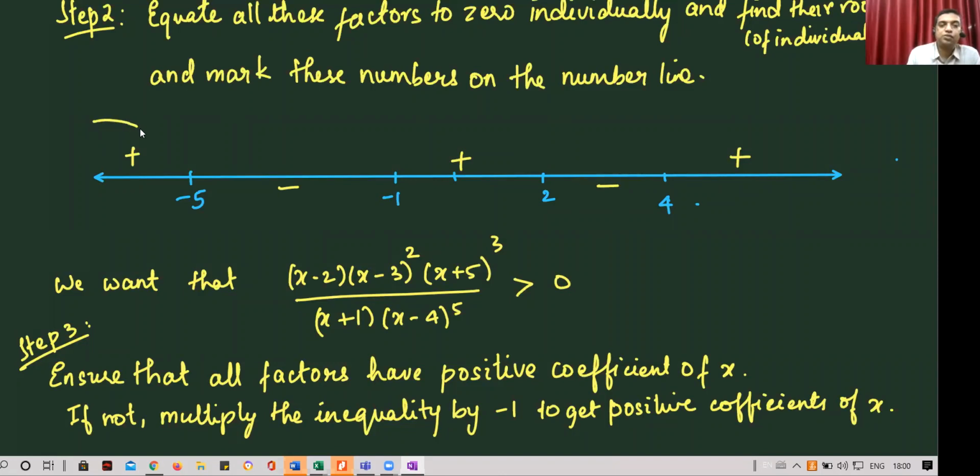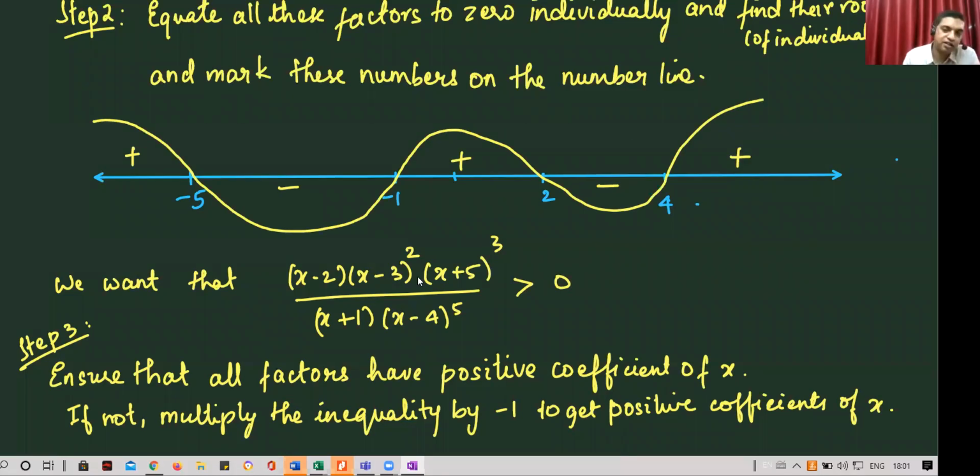The graph cannot be exactly like this, but this will give you the region in which the given expression will be positive, and the region in which it will be negative.